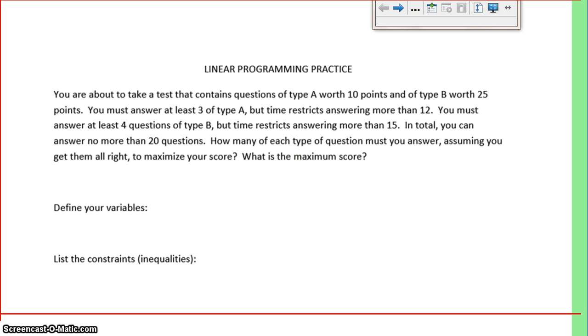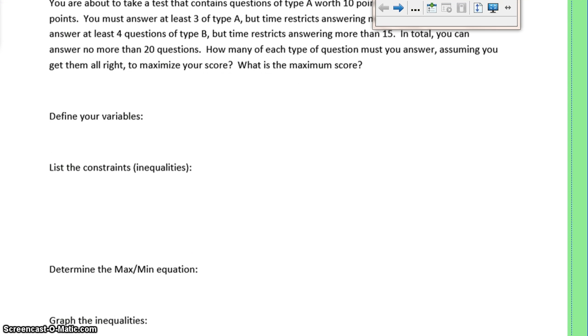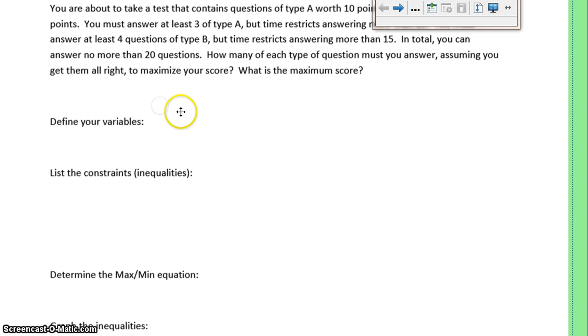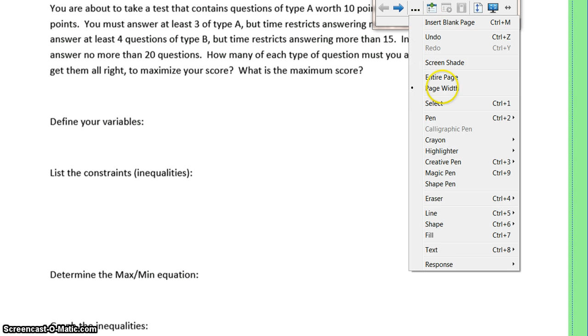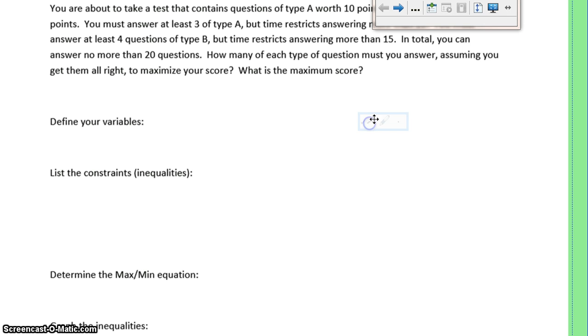Let's first start by defining some variables. Okay, so what would be some good variables for us to use? Well, we have questions of type A and we have questions of type B. So maybe we go ahead and let's go with the black pen.